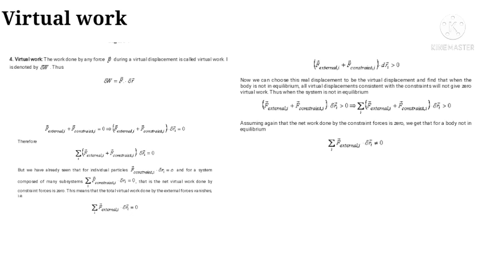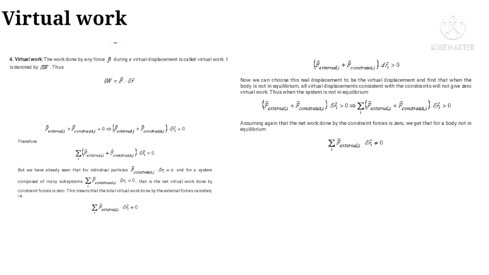The work done by the force on the particle is positive. Then F external plus F constraint dot dr i is greater than 0. Now we can choose the real displacement as the virtual displacement and find that when the body is not in equilibrium, virtual displacements consistent with the constraints will not give zero work.